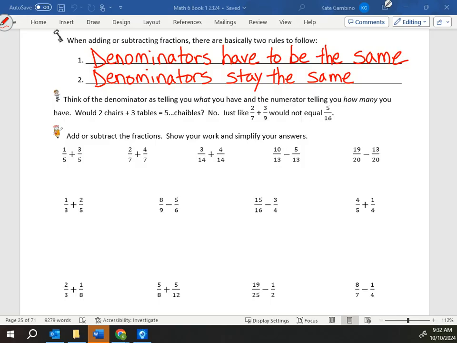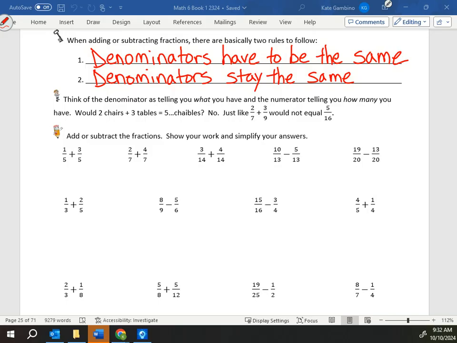Right? So just like 2/7 plus 3/9 would not equal 5/16. You can't add that top and the bottom. So think of it as that bottom being chairs and the top is how many chairs we have.